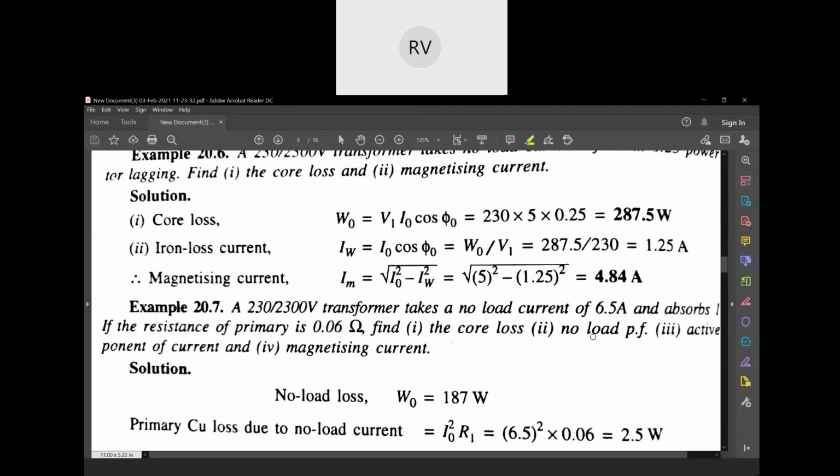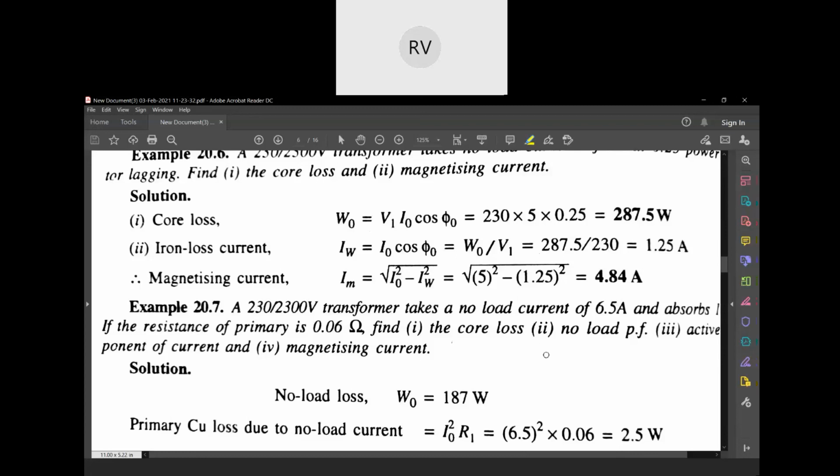So first thing is no load loss W naught is equal to 187 watts. Then the primary copper loss due to no load current. Here you need to understand that he has given us a primary resistance of 0.06 ohms. So if you have a resistance of 0.06 ohms, then there will be a primary copper loss, and that primary copper loss needs to be accounted for.